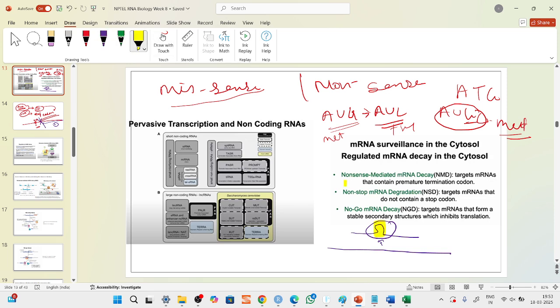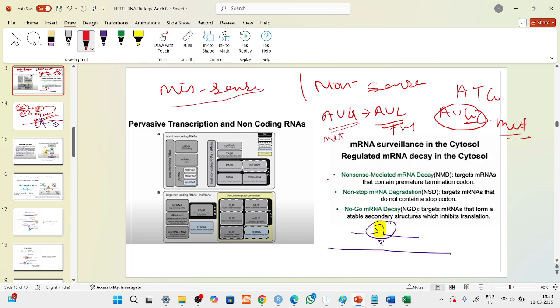This secondary structure is nothing but a hindrance, and because of this hindrance, the translation cannot go after this. It cannot pass this particular point. So this is a no-go mRNA decay. That mRNA cannot go past this secondary structure. So this kind of decay is known as no-go mRNA decay.